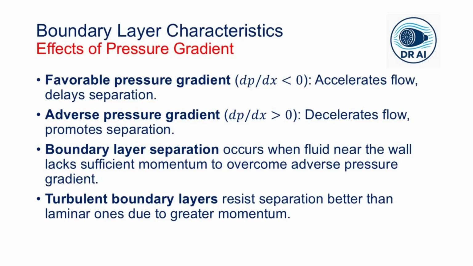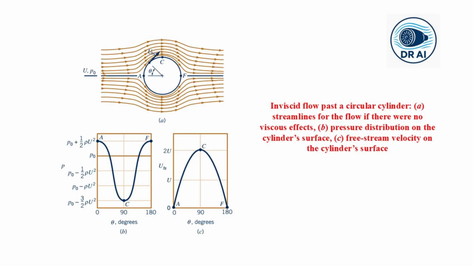Now, so far, we have only considered flat plates with constant pressure, but most real objects, airfoils, cylinders, cars, have curved surfaces where the pressure varies along the flow. So, for a curved body, the free stream velocity at the edge of the boundary layer, which can be represented as U subscript FS, varies with the location x.